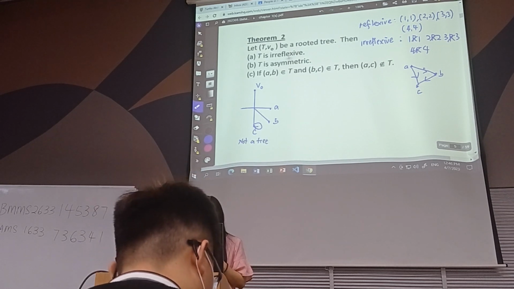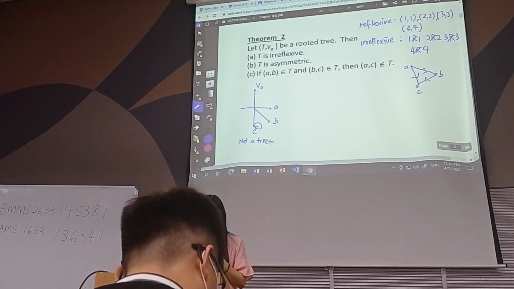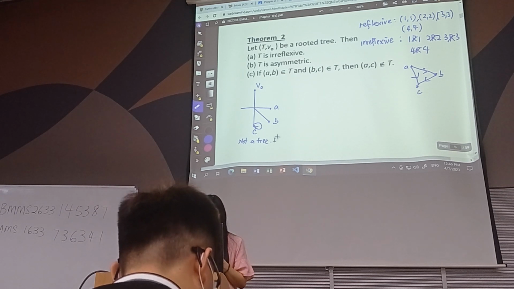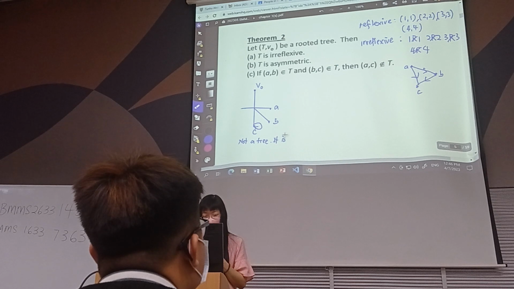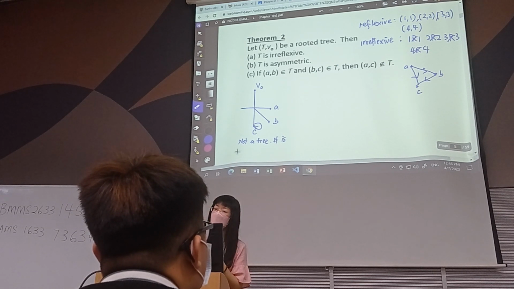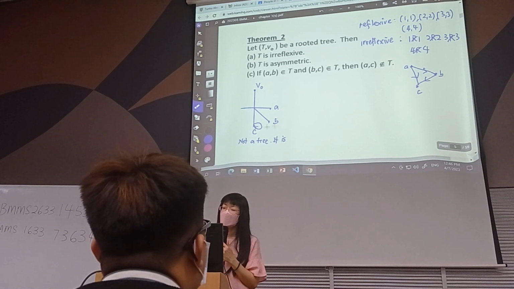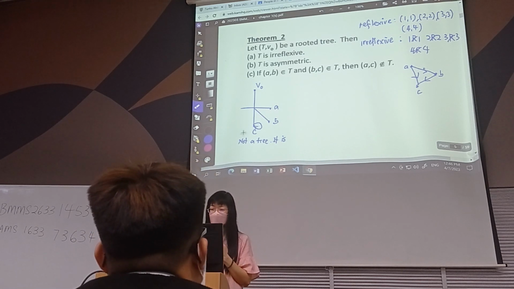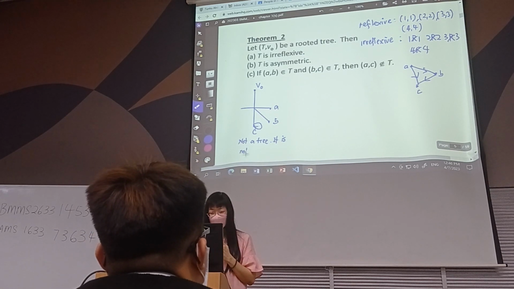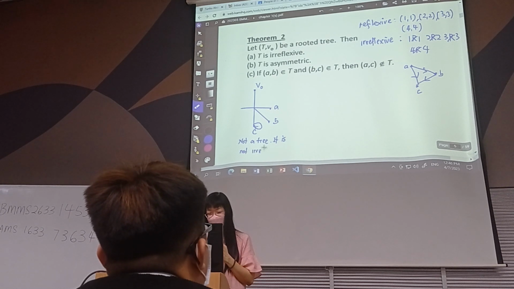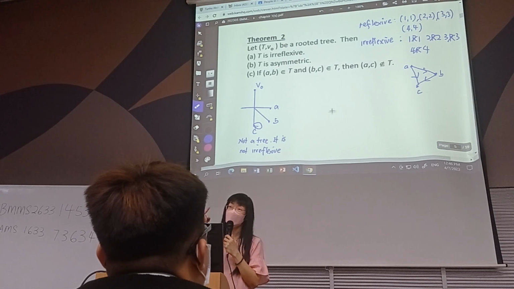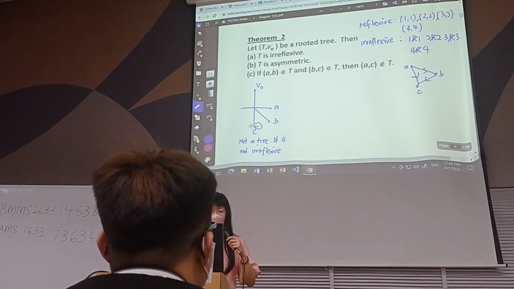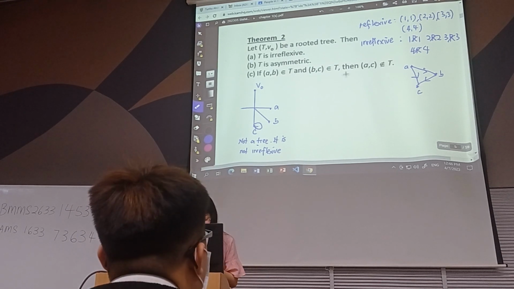Why is this not a tree? Yeah, it is not irreflexive, because you have a loop back, right? So whenever you have one of them, then it is not irreflexive.